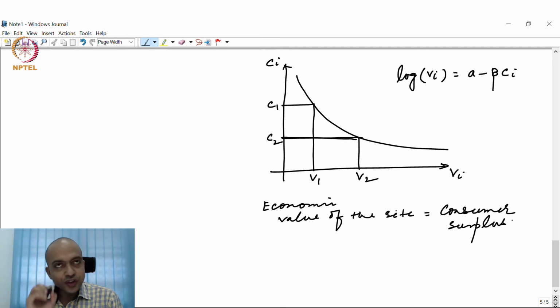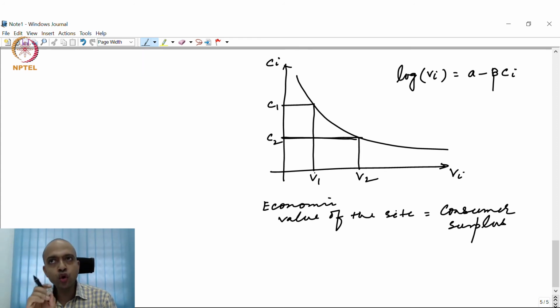See, visitor 1 is visiting the place when the cost is C1, and visitor 1 is making V1 number of trips. But the visitor's maximum willingness to pay to visit that place is much higher; only then will the visitor make a visit.